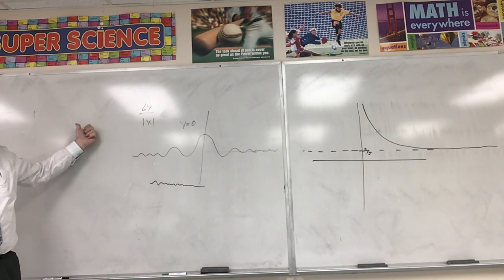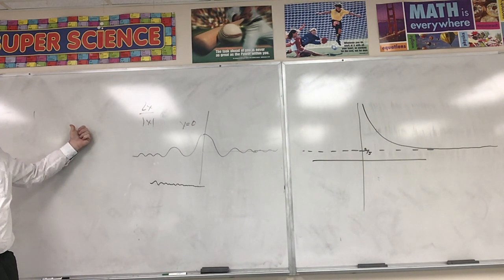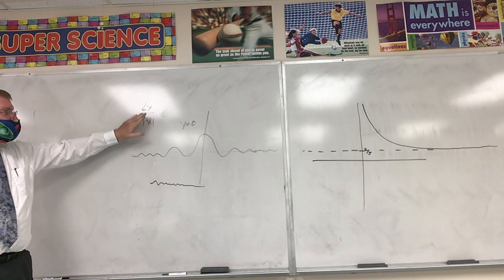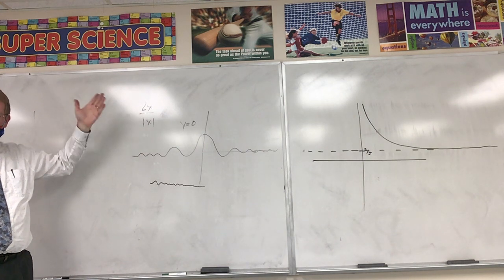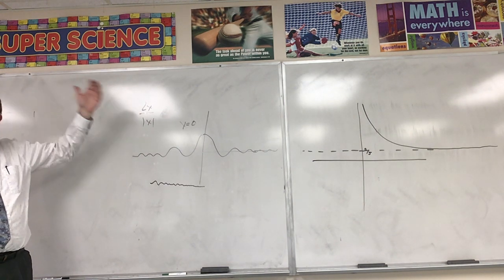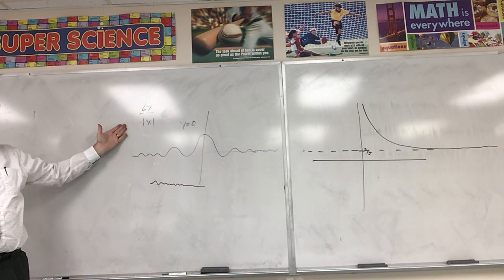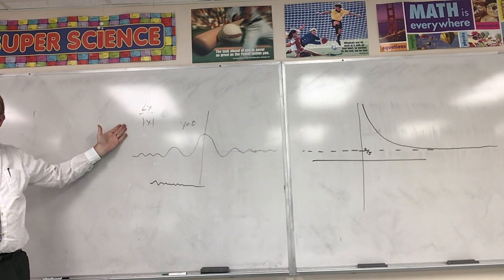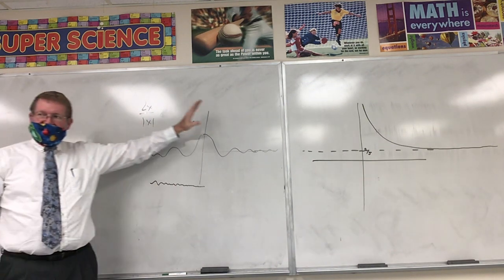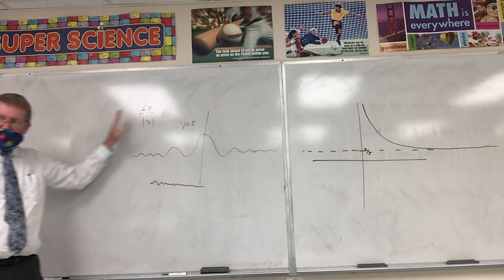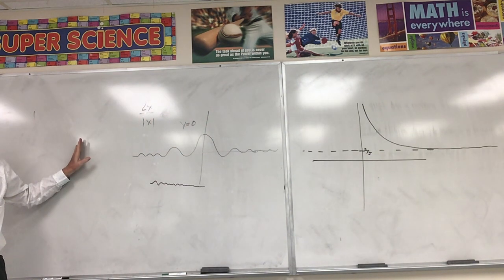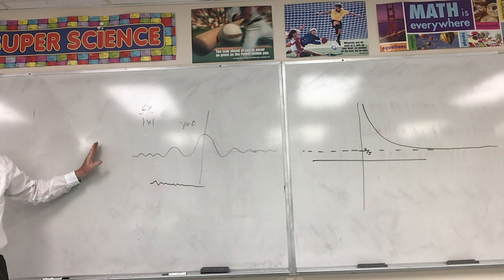As I get smaller and smaller, I get a negative over a positive, which is a negative, so I get negative 2. On the right-hand side, I have an asymptote at 2. On the left-hand side, I have an asymptote at negative 2. So I have basically 2 asymptotes here.